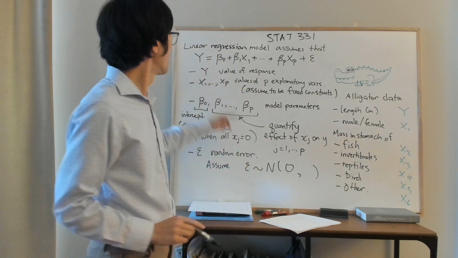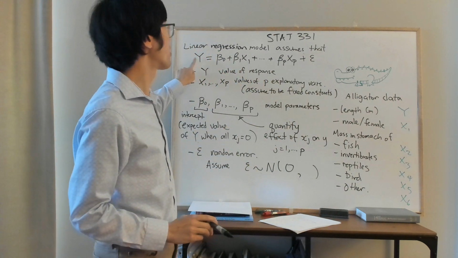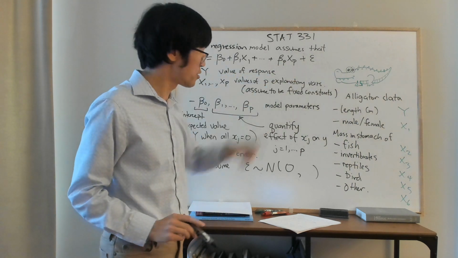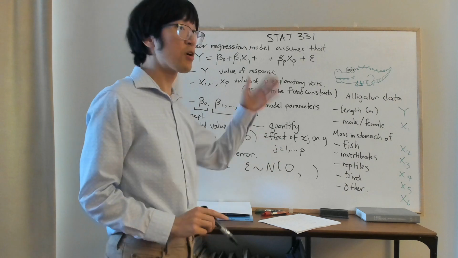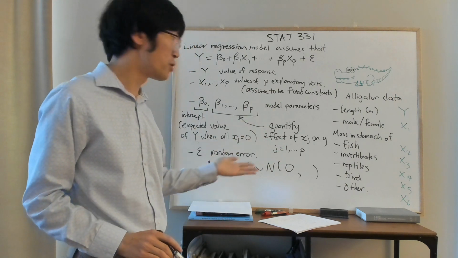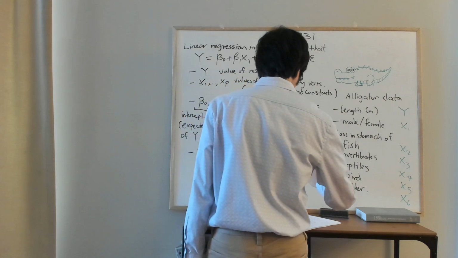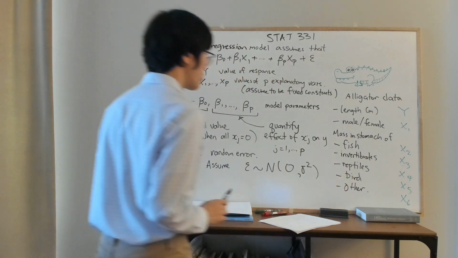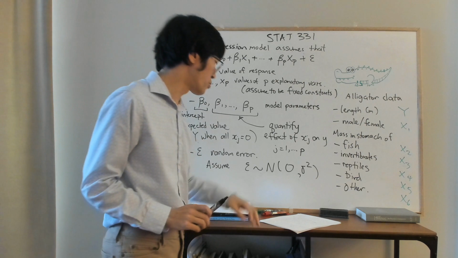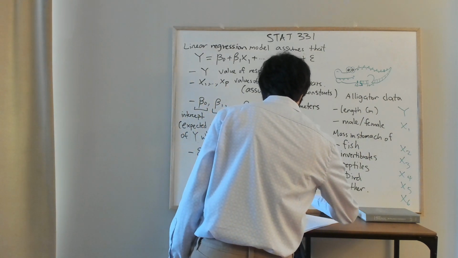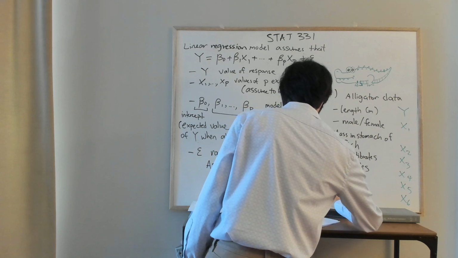In other words, on average, the value of y is explained by this linear combination of the x's, but there can be some variability around it when the model doesn't explain it perfectly. That's captured by the sigma squared parameter, which is the variance of this normal distribution. So this is the mean, and this is the variance.